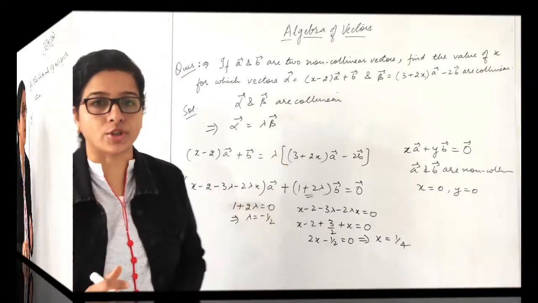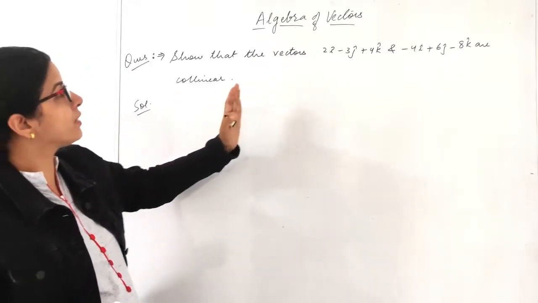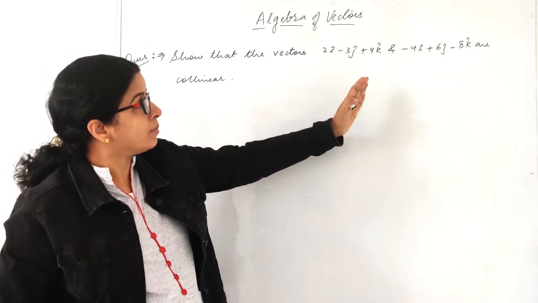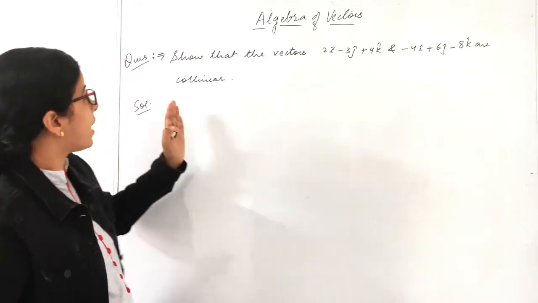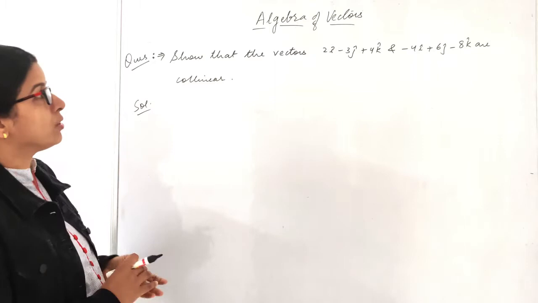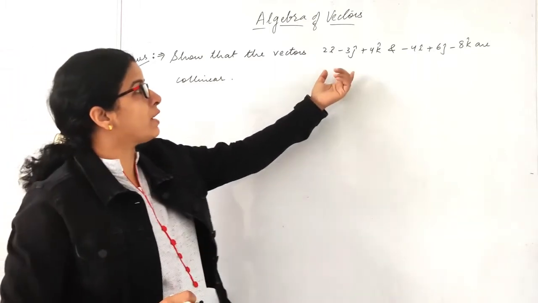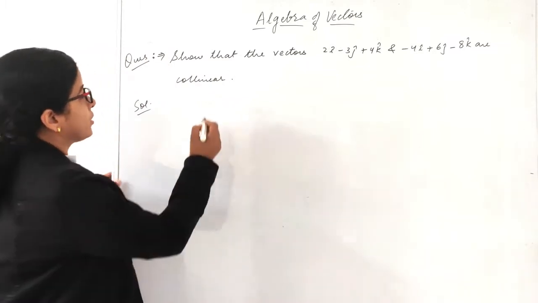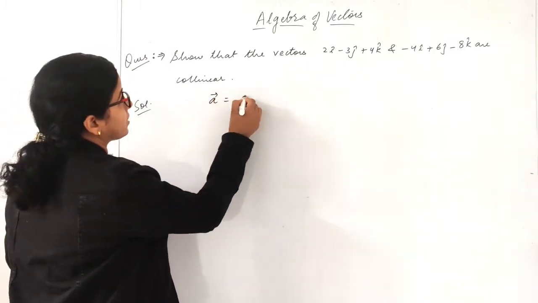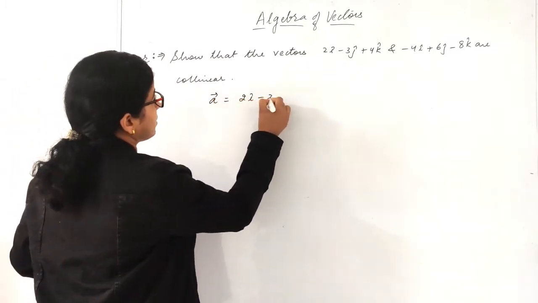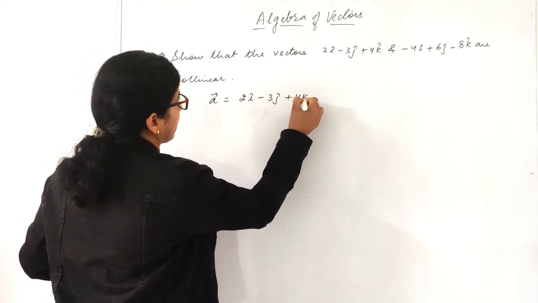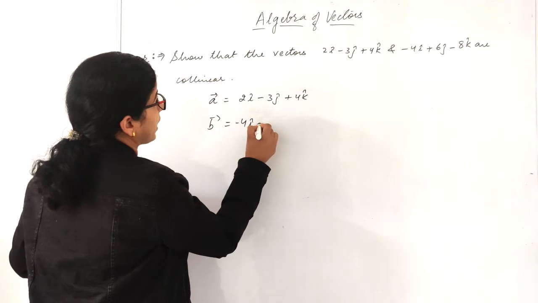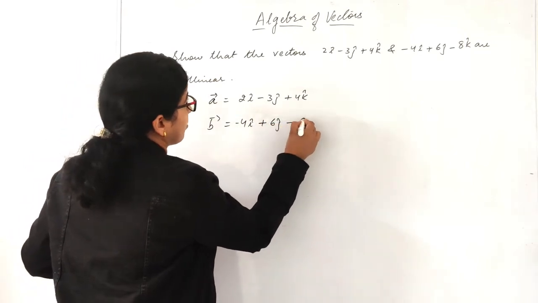Let us take one more question. Show that the vectors 2i minus 3j plus 4k and minus 4i plus 6j minus 8k are collinear, right? If we are able to write one of the vectors in terms of the other, then we are done. So A vector is given as 2i minus 3j plus 4k, and B vector is given as minus 4i plus 6j minus 8k.